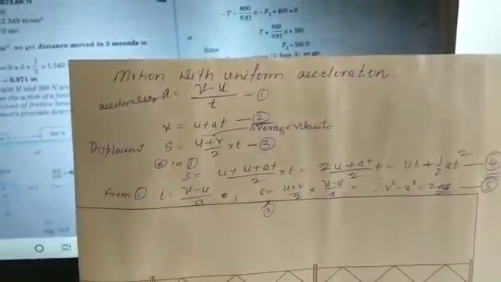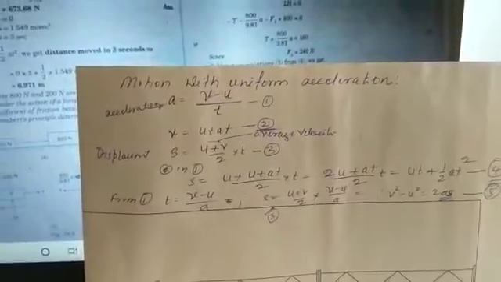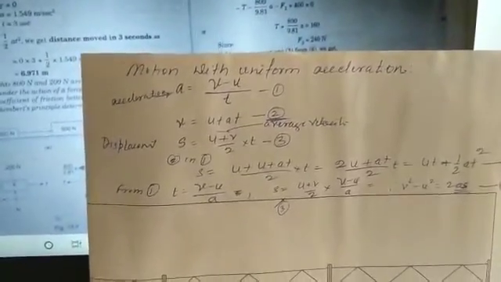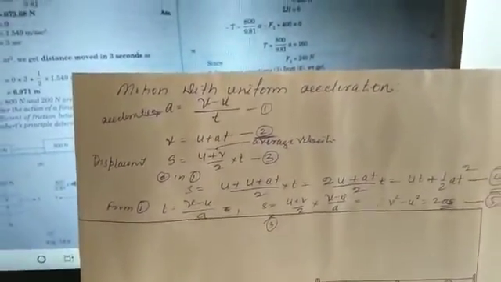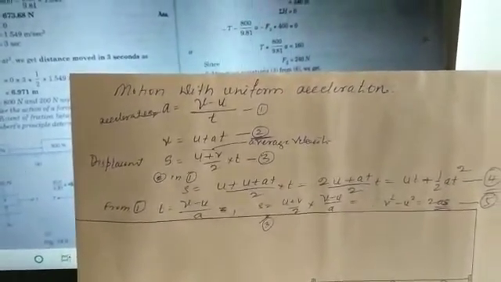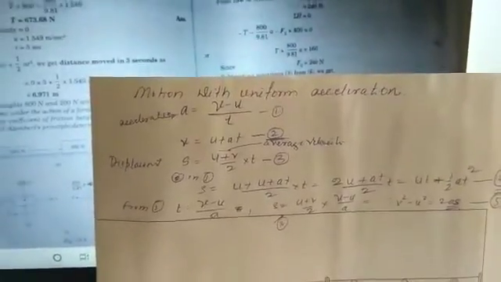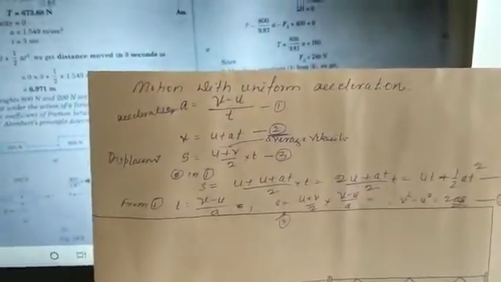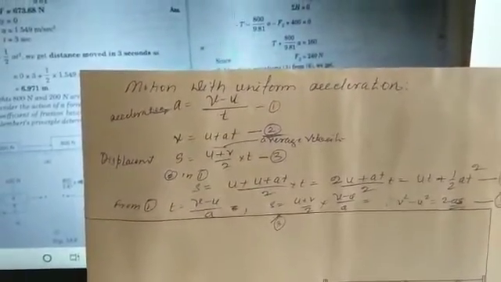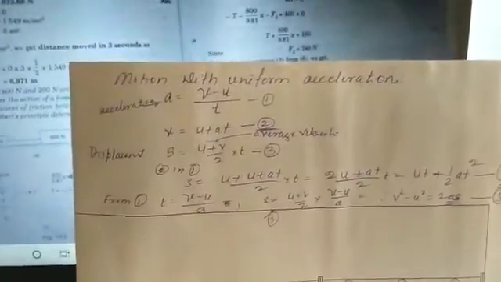Now when a body is under uniform motion, if it accelerates and increases its velocity from initial velocity u to the final velocity v, the velocity will change. So you want to know the difference of velocity divided by the time taken to achieve that.